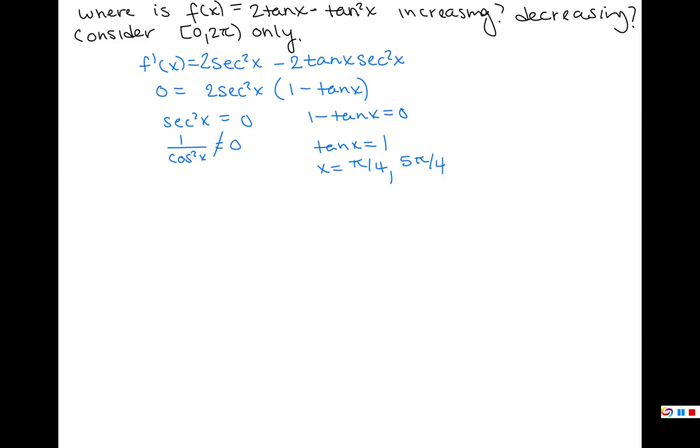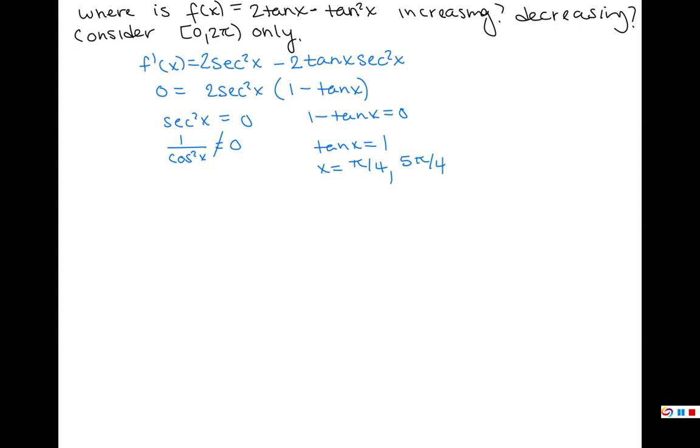All right, but what about the 1 minus tan x? Well, we could isolate the trig function. So you could minus the 1 and then divide by negative 1. You end up getting tan x equals 1. And then you got to think about your unit circle. Where on the unit circle is tangent positive 1? That would be my 45-degree angle.